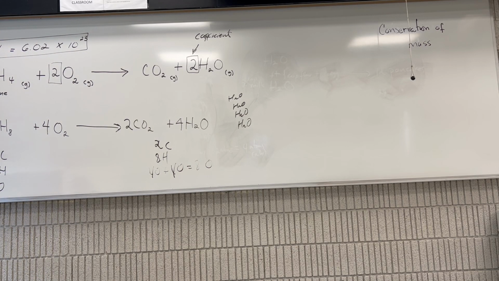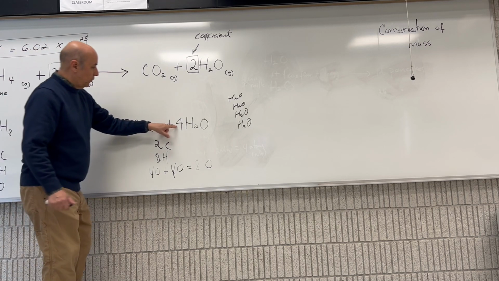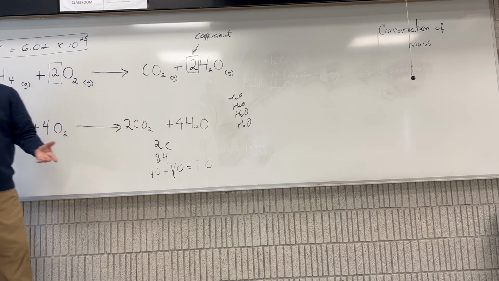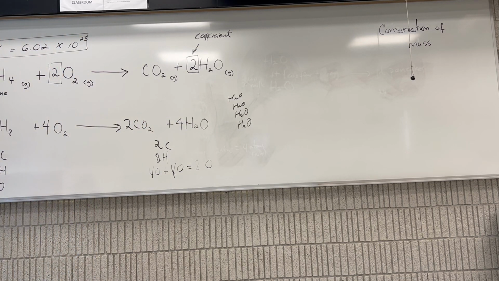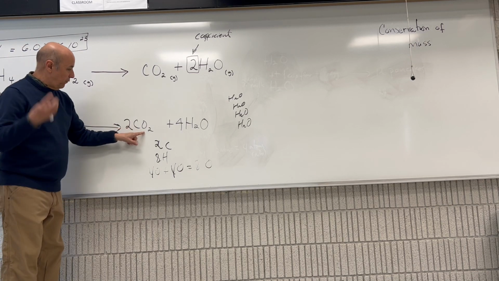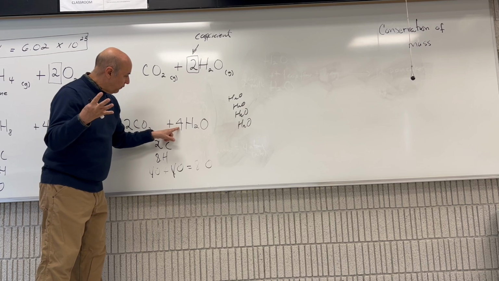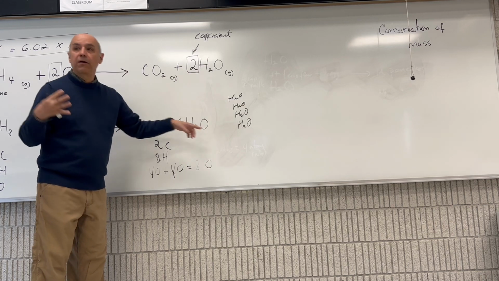Now we can take a step back and see. I had the carbon balanced before. Is it still balanced? Yes, 2 carbons, 2 carbons. Is the hydrogen balanced? 8 hydrogens, 4 times 2, 8 hydrogens. It is balanced. Is the oxygen okay? 4 times 2, 8 oxygens. 2 times 2, 4, plus 4 times 1, 4, 8.